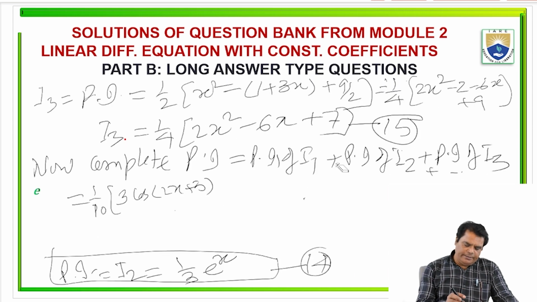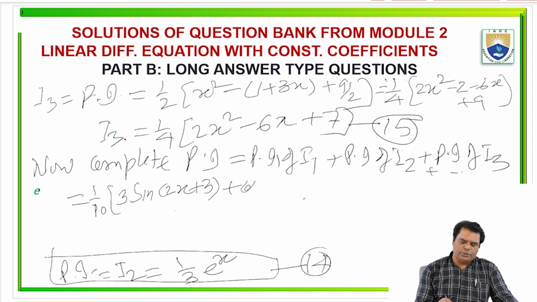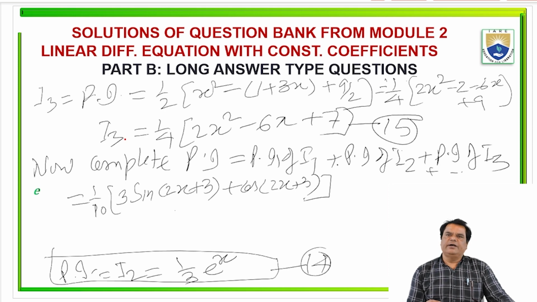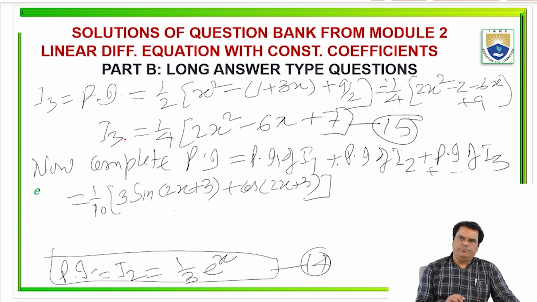So this is 3 sine 2x plus 3 and plus cos 2x plus 3. This is the total answer of I1 plus I2.